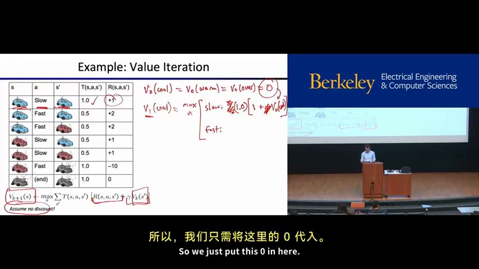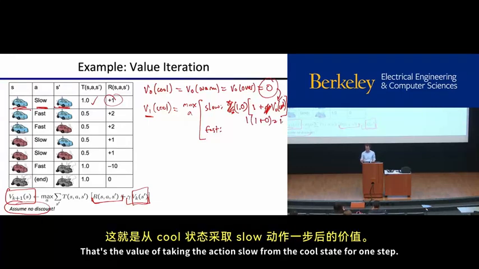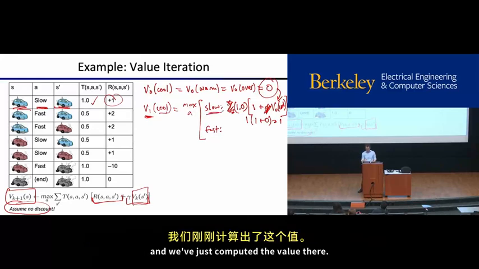So we just put this 0 in here, and now it's 1 times 1 plus 0 is 1. That's the value of taking the action slow from the cool state for one step. Right? So this is V1 of cool in the path where we take the slow action.